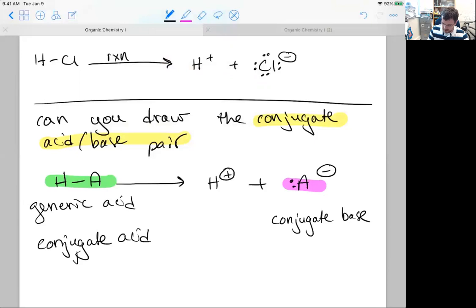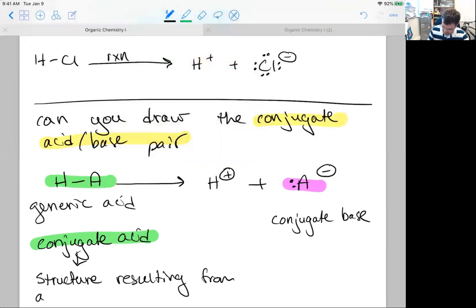So the conjugate acid is the structure resulting from adding an H+, or before H+ loss.